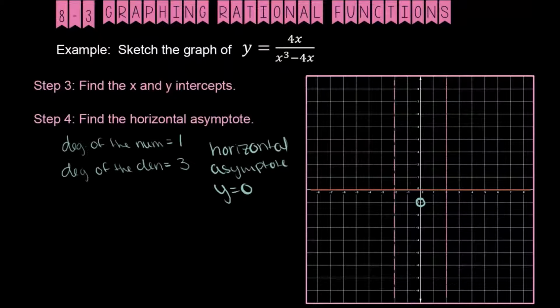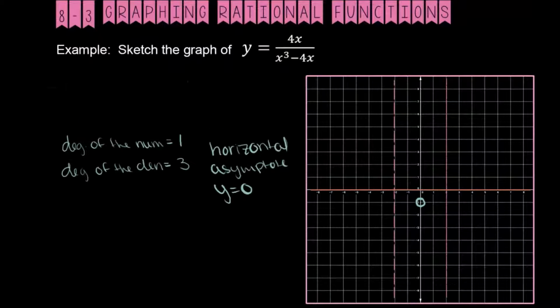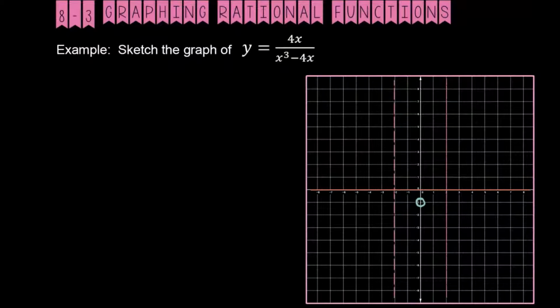So we've gone through our 4 steps, which is awesome, but we have this value here that we know we're going to approach but never actually touch. So we know that this center part is going to do generally something like this. But we don't have enough information for the left side or the right side of these vertical asymptotes.